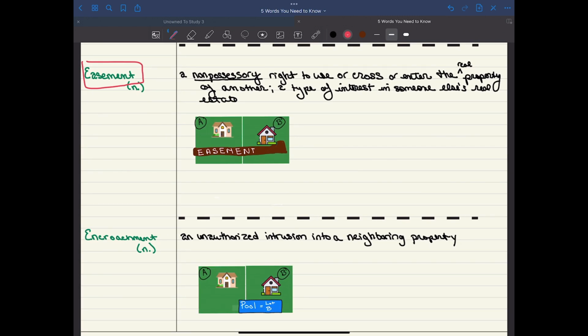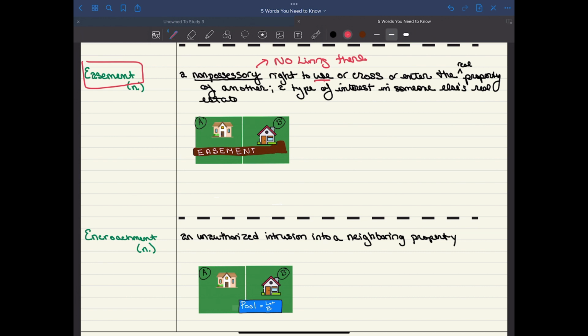The true definition of an easement is a non-possessory, if I can get that right. You don't get the right to possess the land. You don't get the right to live there. Right? You get the right to use it.